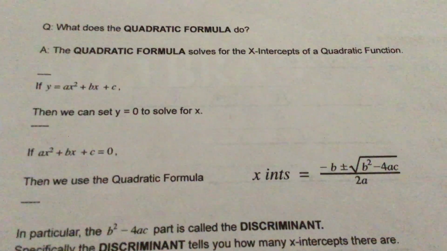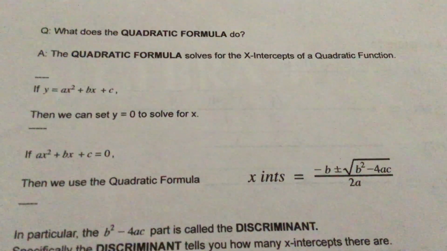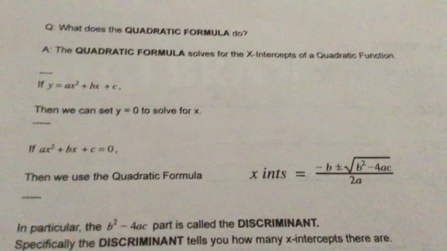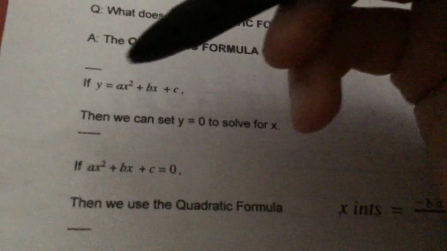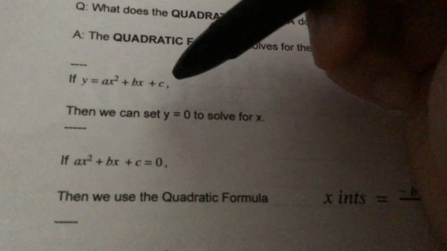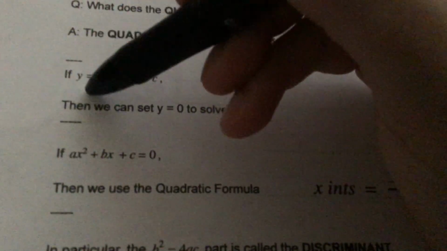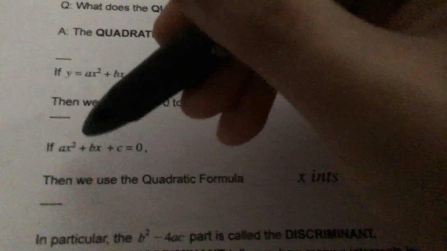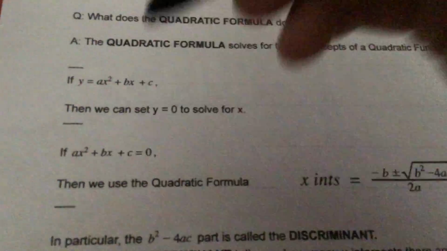So what does the quadratic formula do? The quadratic formula helps solve for the x-intercepts of a quadratic function. In other words, let's say you have a graph y equals ax squared plus bx plus c. If we set y equal to 0, we try to solve for x. Ax squared plus bx plus c is equal to 0.